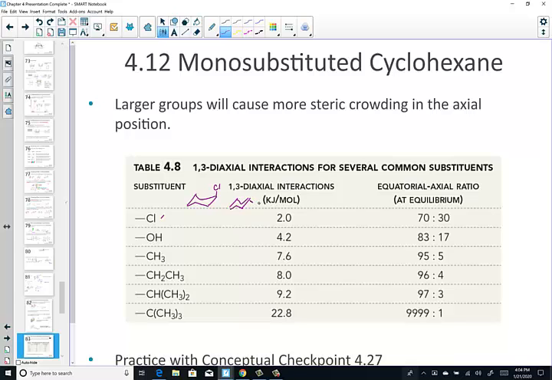Roughly, you have about 70-30, the axial equatorial ratio. So I'm not looking at a terrible amount of hindrance because this is a pretty tiny substituent branch.